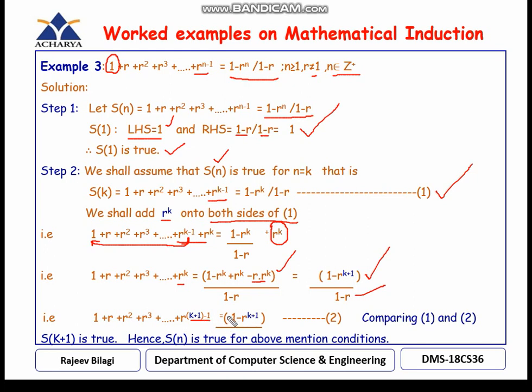So 1 minus r to the power of k plus 1 divided by 1 minus r. So this is what we are going to prove by mathematical induction. So comparing equation 1 and 2, S of k plus 1 is true. Hence I can assume that I can prove that S of n is true for all above mentioned conditions.